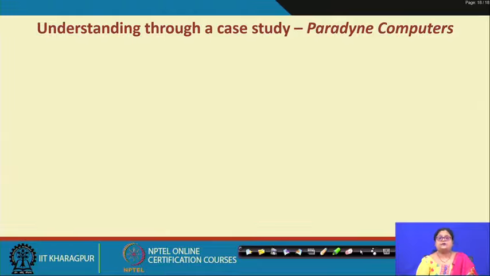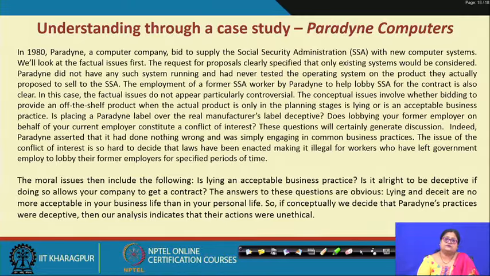We will try to understand this through a case study which we call Paradigm Computers. In Paradigm Computers, what happened? It is a computer company which bid to supply the Social Security Administration with new computer systems.